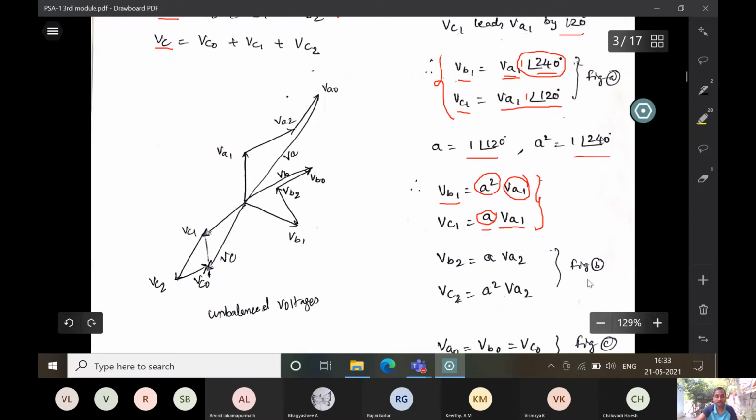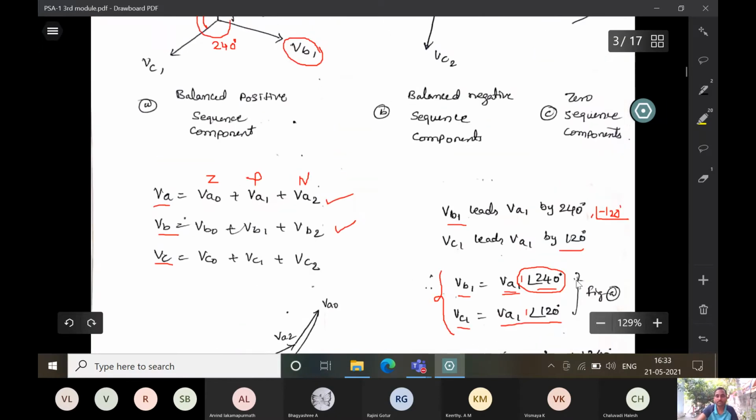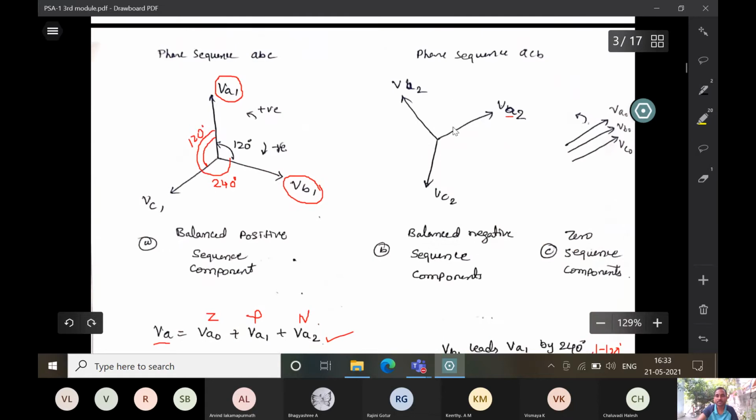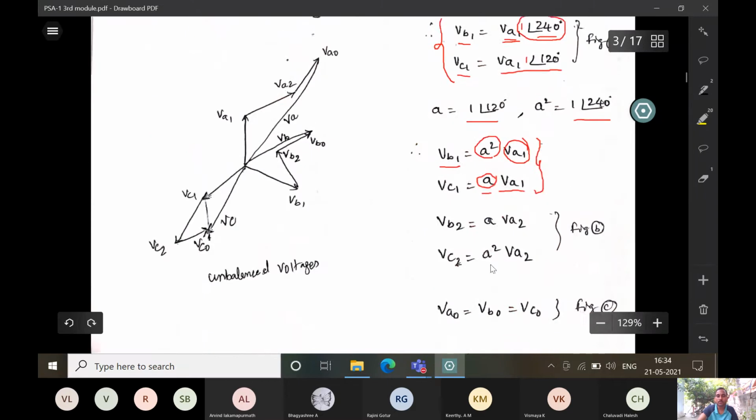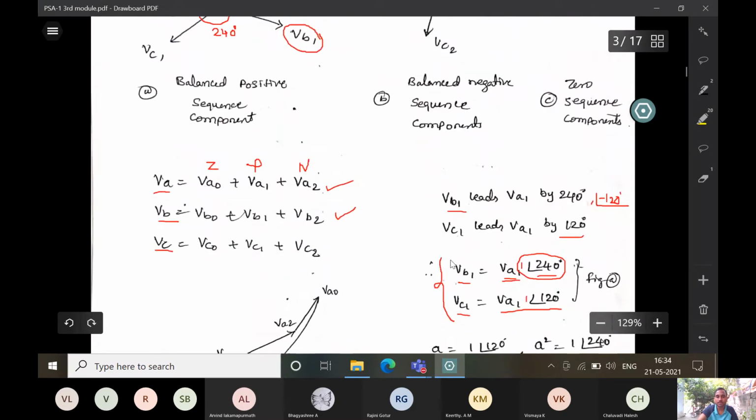Similarly, in figure B, this is A2, here to here 120, here to here 240. So what is VB2?